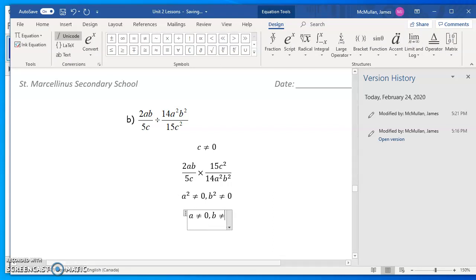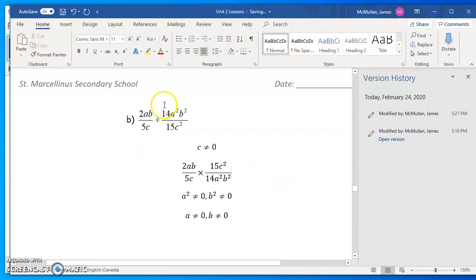So here's a good example of a question where the restrictions are a little more complicated than just looking at the original question, because in the original you might not notice that a and b also cannot be 0. But if a and b are 0, then this second part of the equation is 0 and you can't divide by that.